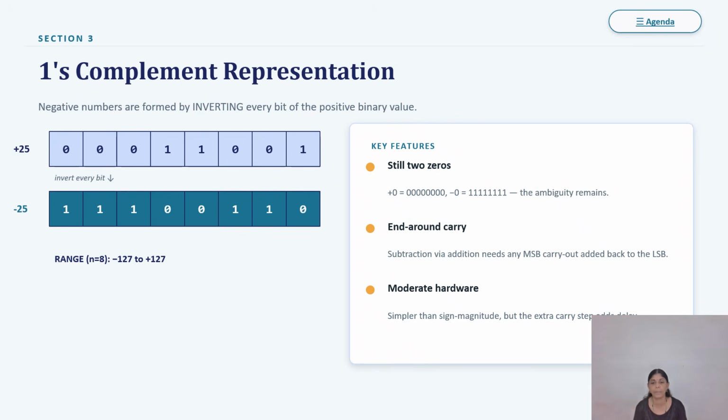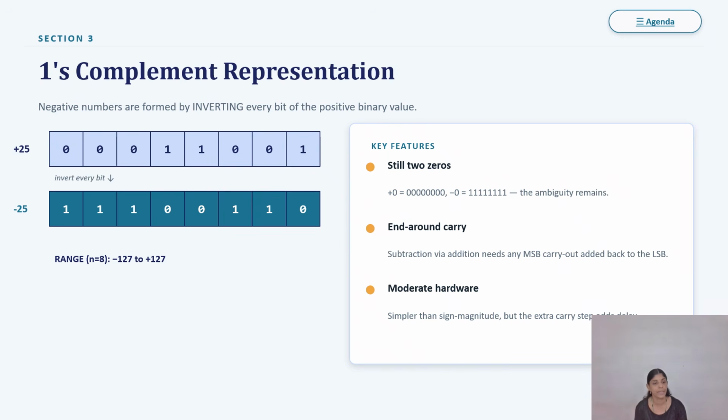The second problem happening here is end around carry. I hope you remember these two words we checked in your earlier classes: overflow and underflow. What is overflow? Overflow means the value which overflows when you are writing it inside the register.